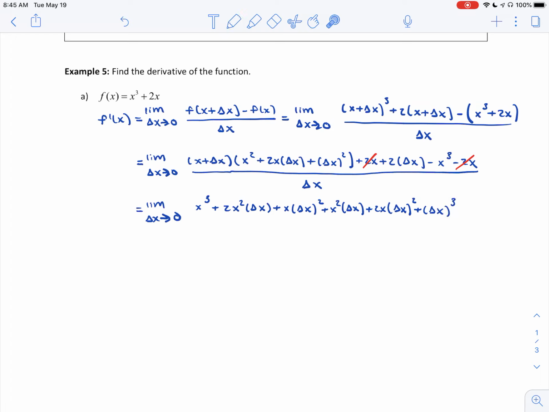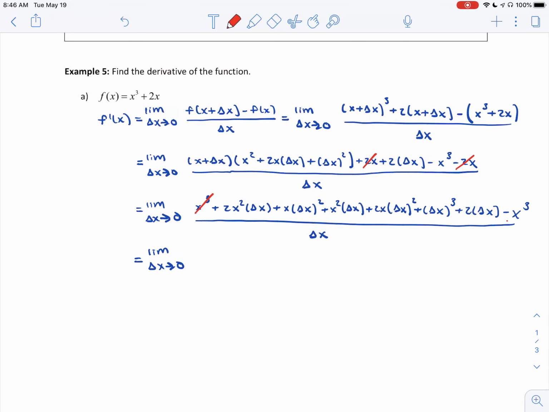All right, and then just bring these two terms down. Plus 2 delta x minus x cubed. Still all over delta x. All right, like I said, a lot of algebra to do. Okay, so again here, I can see we've got a few things to cancel.